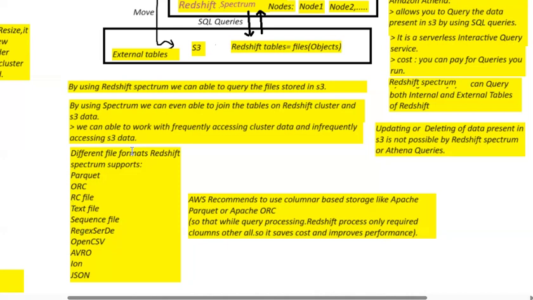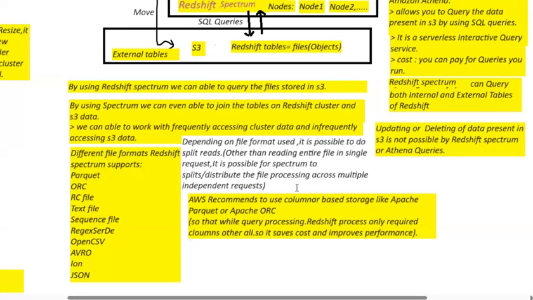Other than reading the entire file in a single request, it is possible for Spectrum to split or distribute the file processing across multiple independent requests, right? If you choose this column based storage, your data is processed by using MPP, that is massive parallel processing.